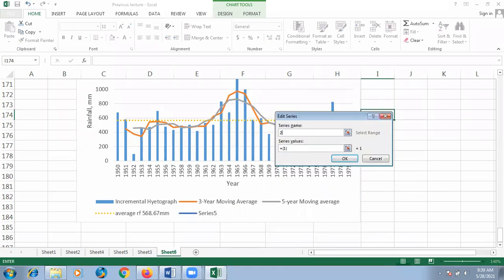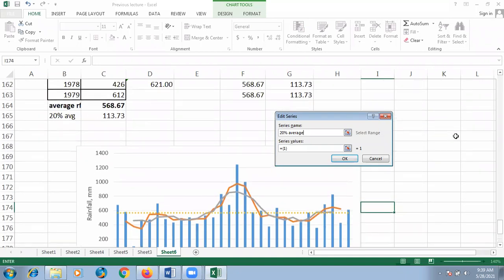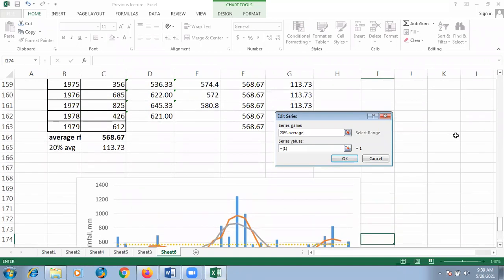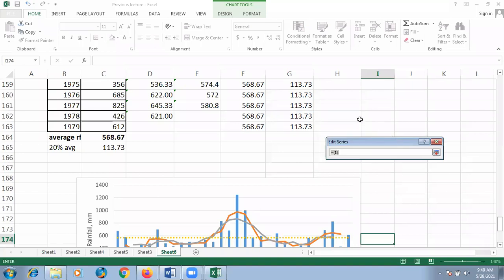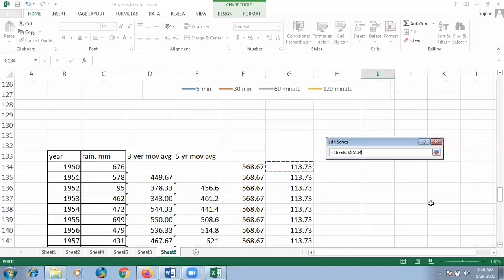Series name, 20% average. 20% average is 113.73 mm. 20% of average, that is 113.73 mm. And then the series, I will take these values.